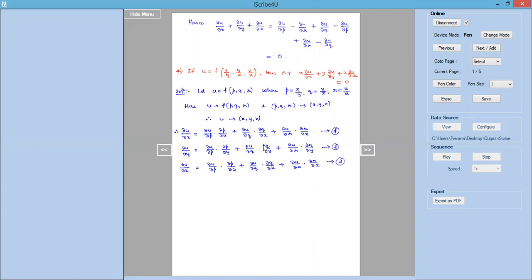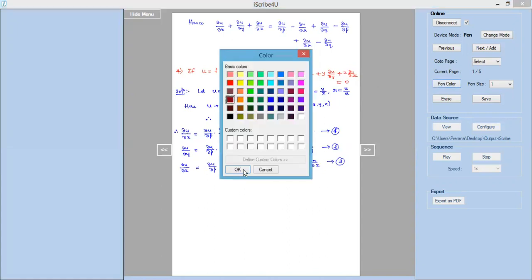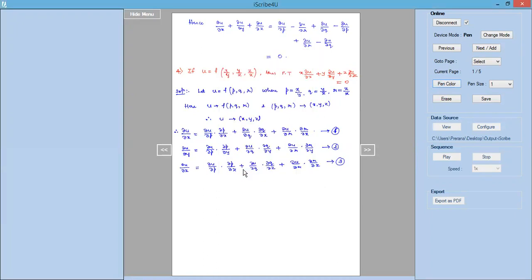Now, like the previous problem, we will consider p, q, and r, which are defined for us, and find the partial derivatives of p, q, r with respect to x, y, z respectively. So let us consider one by one. Consider p equal to x/y.